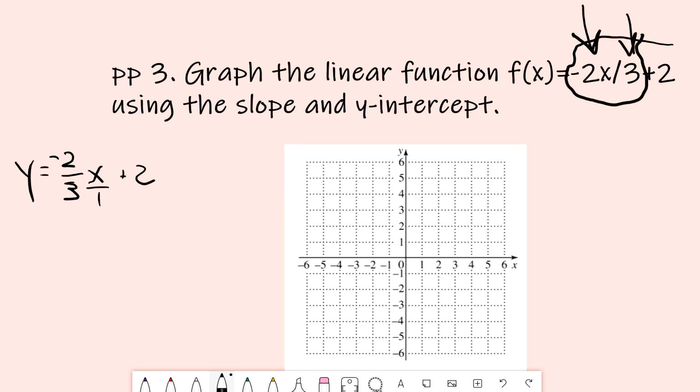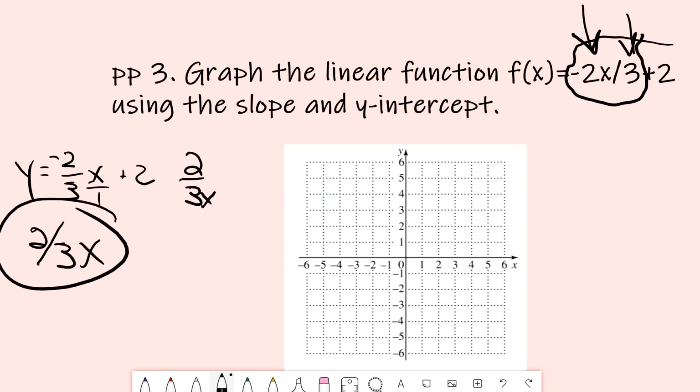I did not want to write this as 2 over 3x, the slanted way of writing a fraction, which you can do in your calculator, but not here. This is really showing an incorrect form. The x looks like it's going with the 3, and actually it is, but we want it to be with the numerator. So that's why I have it written as such.